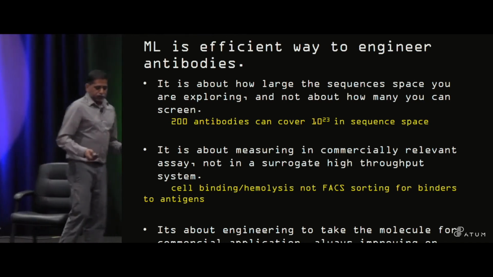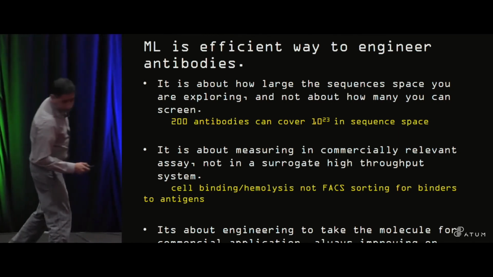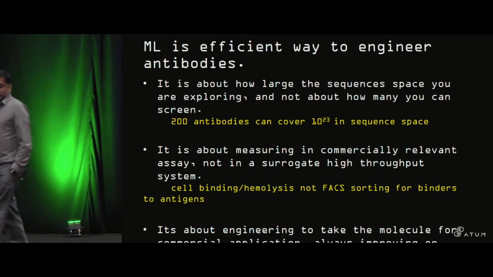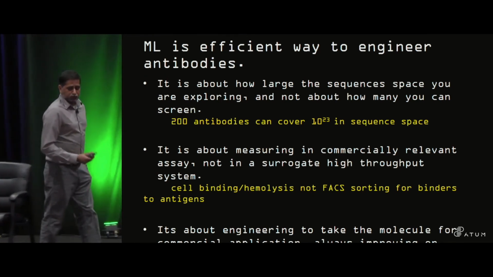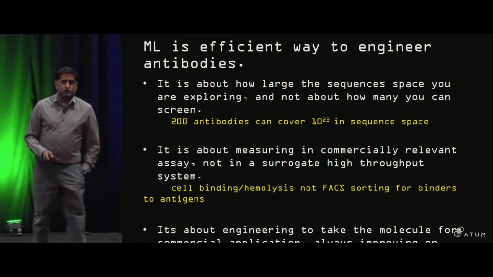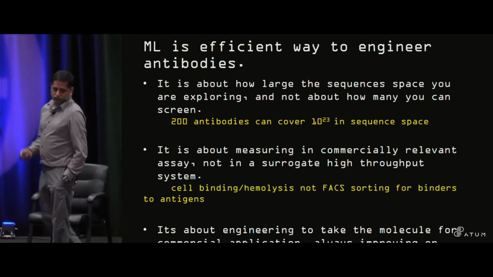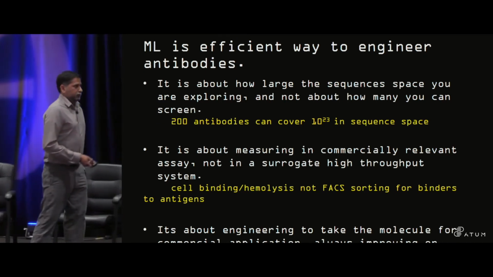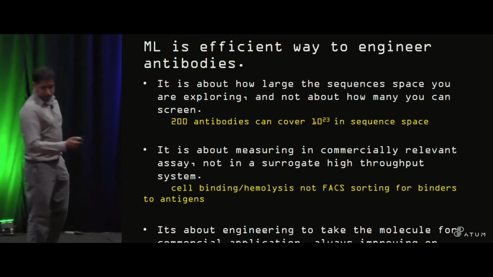So some key points I'm going to leave you with. The last slide part is not visible. It's not necessarily about screening lots and lots of variants, but about exploring a very, very large sequence space. And you can really do that with a minimal number of variants. We are able to show that keeping it under 200 variants, we can explore a space of 10 to the 23.